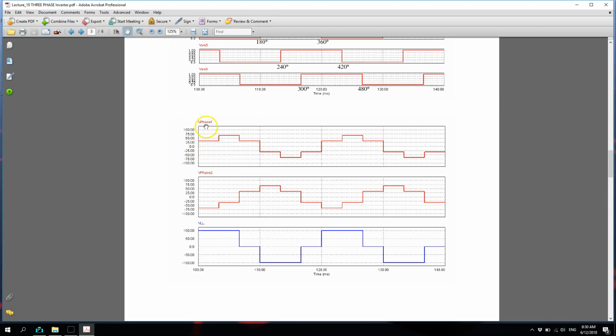Right, so we have phase 1 and phase 2 in the waveforms. Just to draw it again, this is your R1, this is R1, this will be R3, and this is R2.